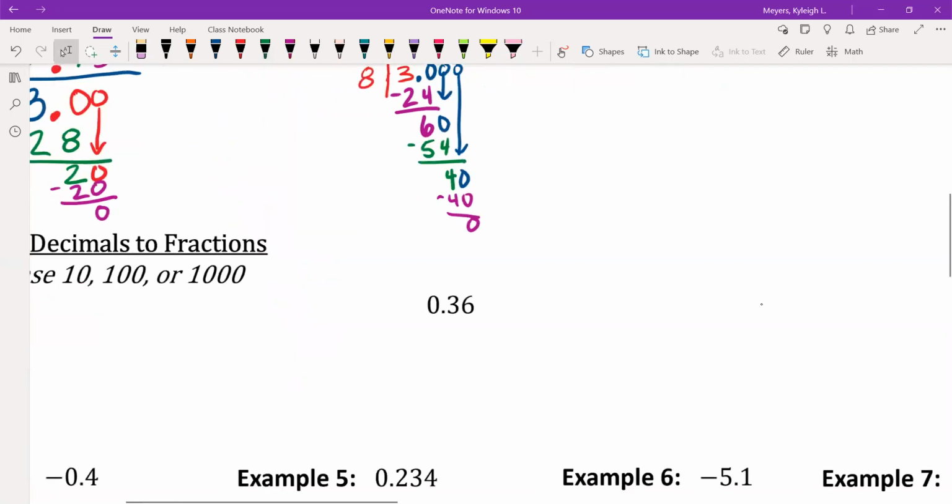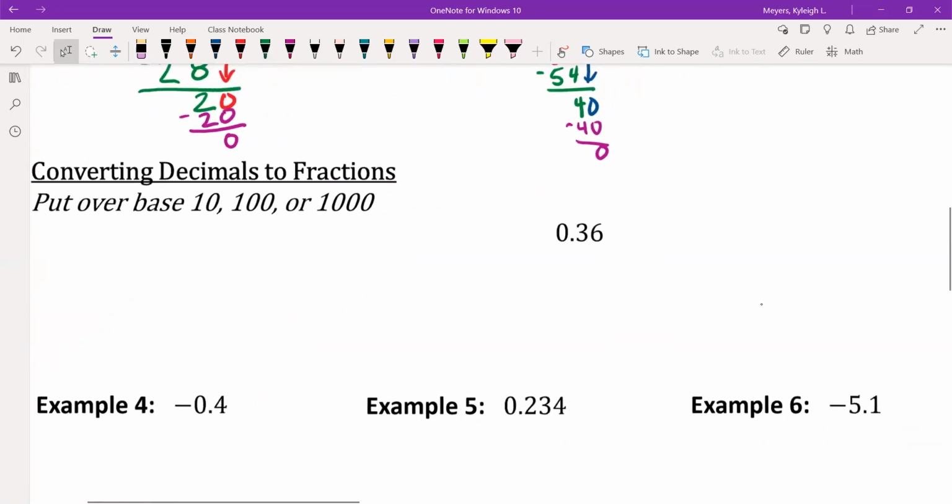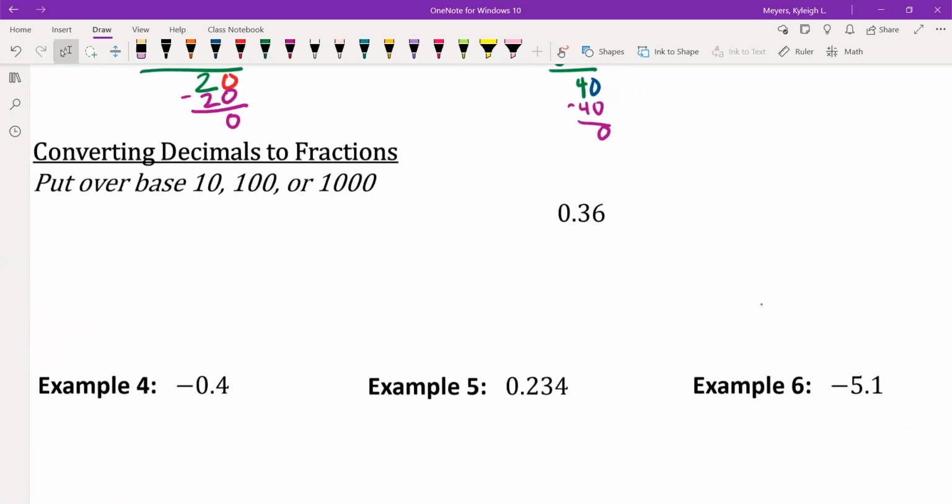So now we have to convert decimals to fractions. So remember the decimal places. First is the tenths, hundredths, thousandths, so on, ten-thousandths, whatever. So whatever decimal place it's to, that's what you put it over, if that makes sense.